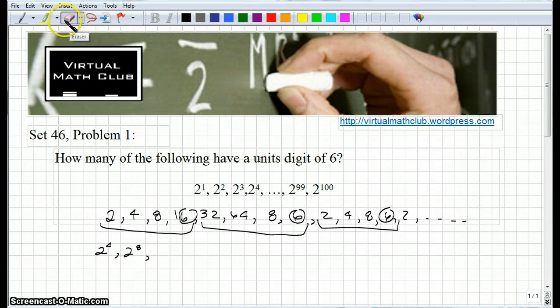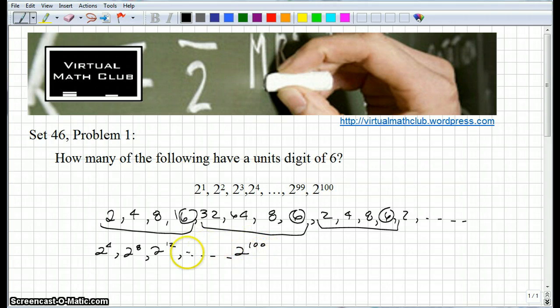And so on all the way up to 2 to the 100th. I know that that is one of the fourth ones, because these numbers are all divisible by 4, and 100 is divisible by 4, so we know that that is one that ends in a 6.